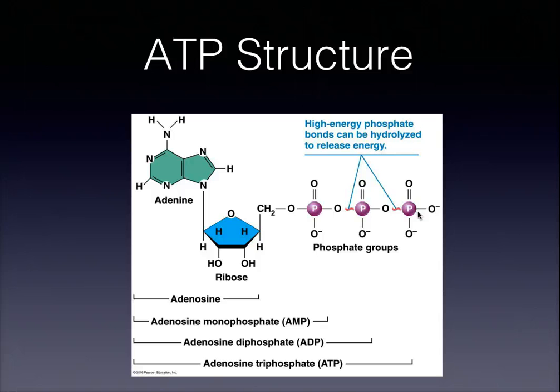It's almost like shortening a spring. Okay, so there's a lot of energy that's captured in these phosphate bonds, and that spring is ready to lengthen and release energy when cells use ATP. Okay, so ATP is like tiny packets of energy that are readily available to cells.